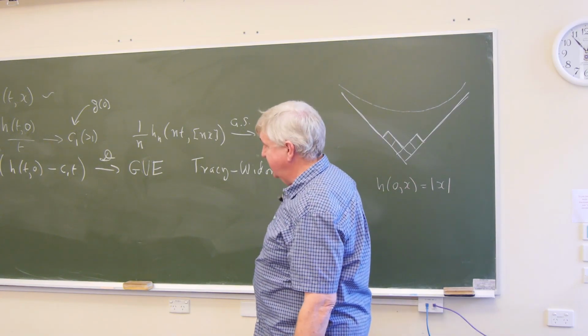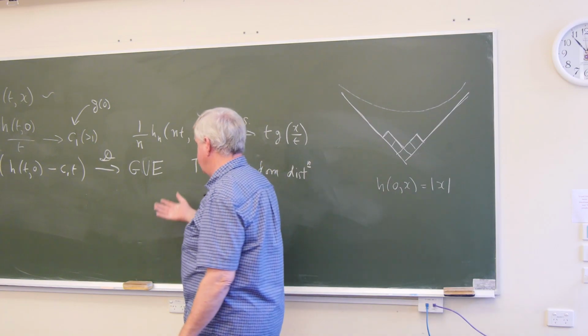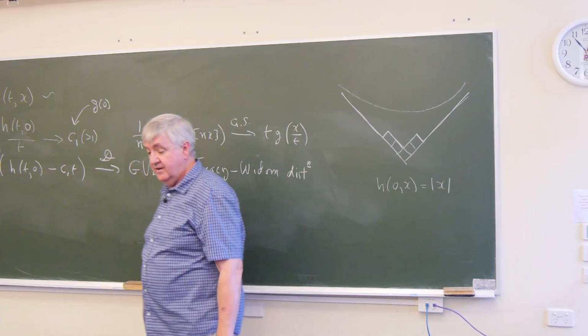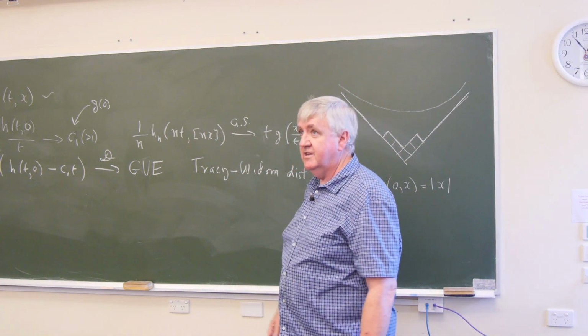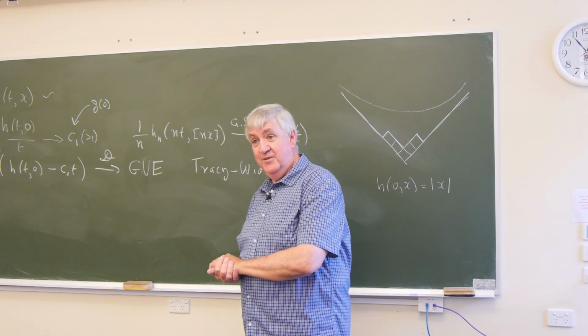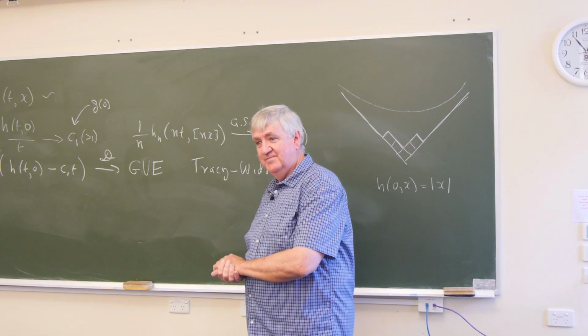And we say that a model with this behaviour, it might be the Tracy-Widom distribution or this growth rate in the fluctuations, we say that the model is in the KPZ universality class if it has this property.